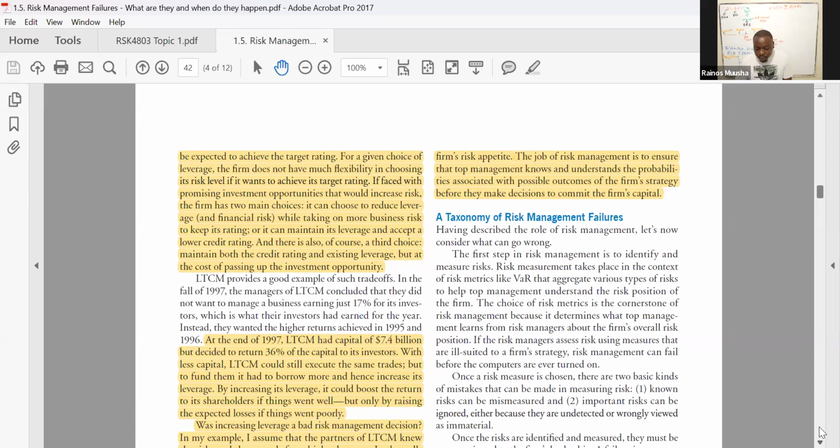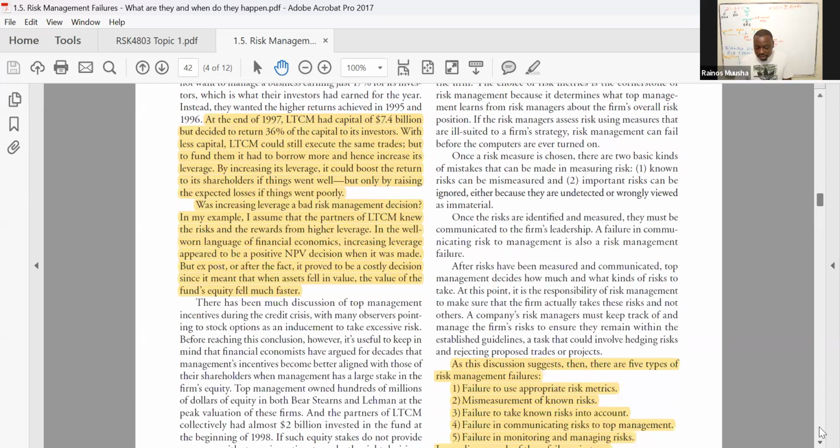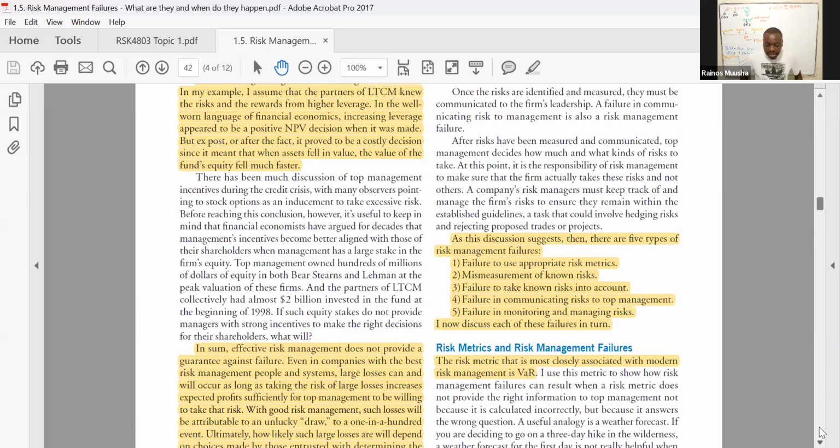Now, when you look at the taxonomy of risk management failures, so now we're going to say, if we identify any one of these factors, we can now say, yes, there was a risk management failure in that case. So here they say, as this discussion suggests, there are 5 types of risk management failures.